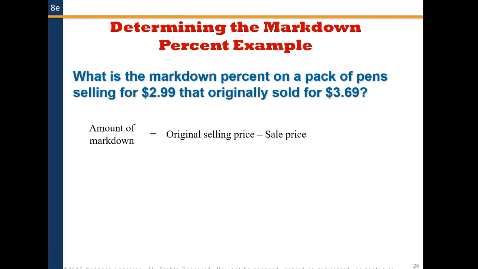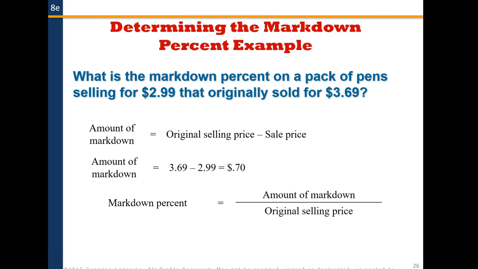First we have to find the amount of markdown by subtracting the two, and it's 70 cents. And then we're going to do the amount of the markdown divided by the original price. So it's 0.70 divided by $3.69. So the markdown percent is 19%.